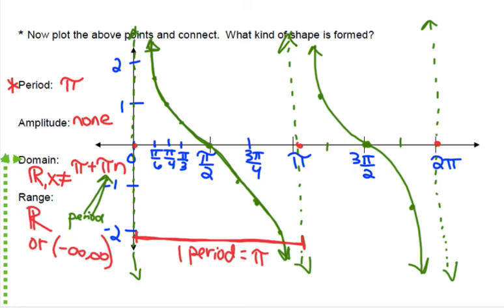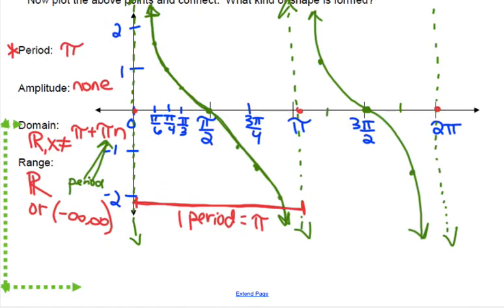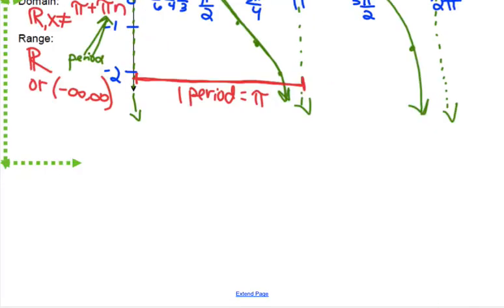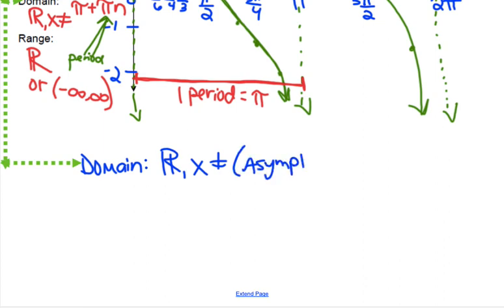Okay, and then the last thing I want to point out is just our general equation for domain. So we wrote this back for secant and cosecant. Your domain for any cotangent graph is going to say all reals except, x cannot equal, pick an asymptote, doesn't matter which one, plus the distance between your asymptotes, which will always be a full period for cotangent, n number of times.